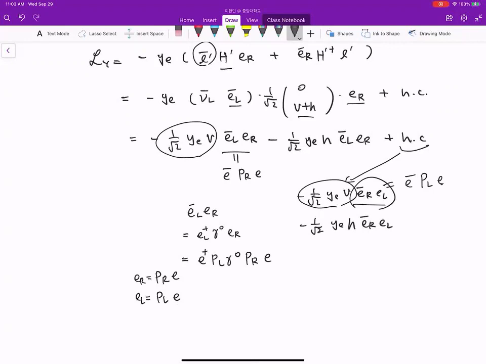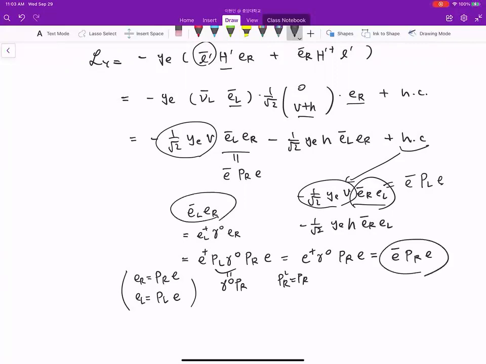So in terms of the 4-component spinor e, after interchanging this becomes this one, and also P_R square equals P_R. Because of that, we can write this LR spinor in terms of a Dirac spinor.